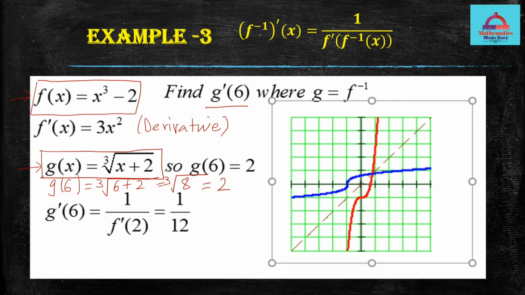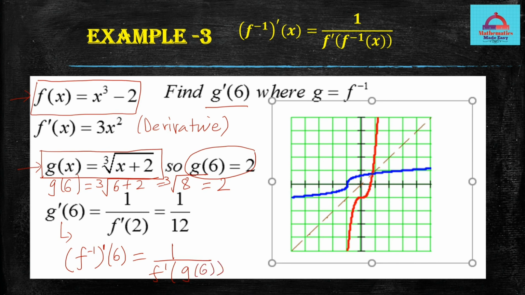Now why has this happened? Because g of 6 and 2 are your inverse points. So just substitute in place of g of 6 the value 2. So it is coming from here. If I just add one more step to make it clear, the derivative of f inverse at the point 6 is going to be 1 over f prime of g of 6.